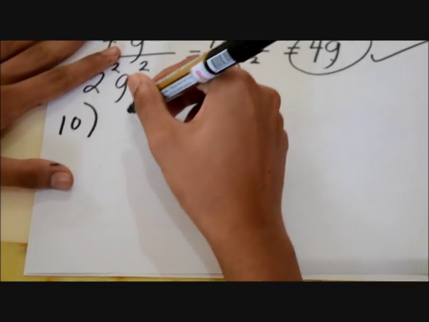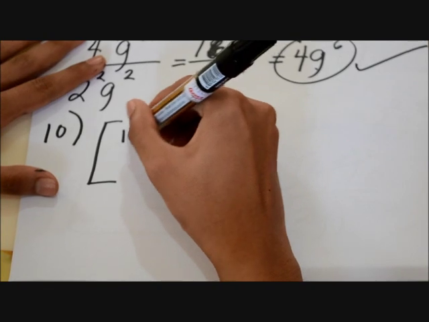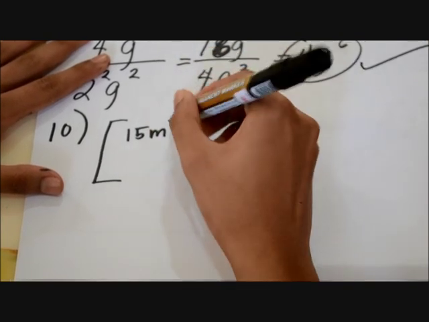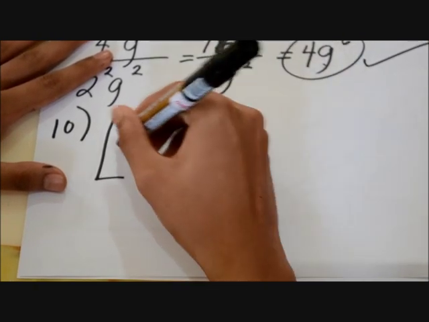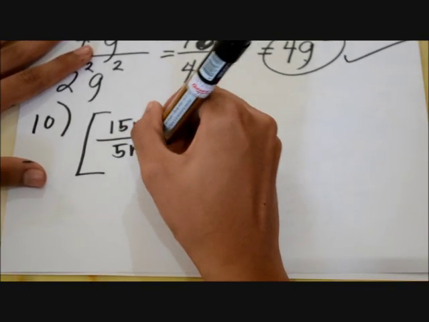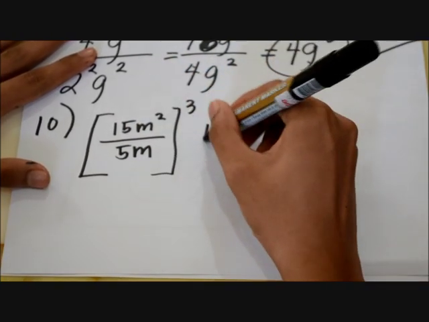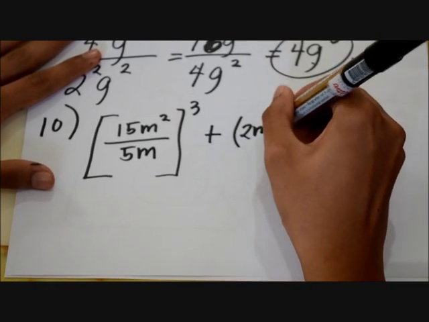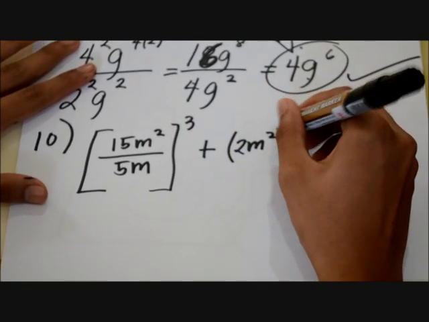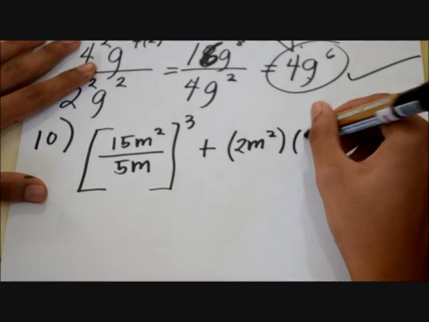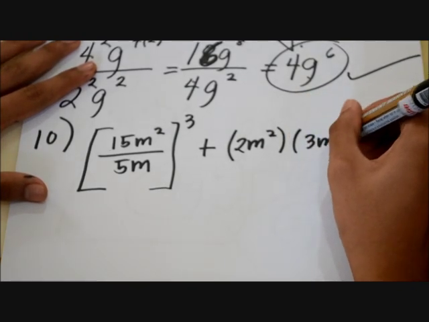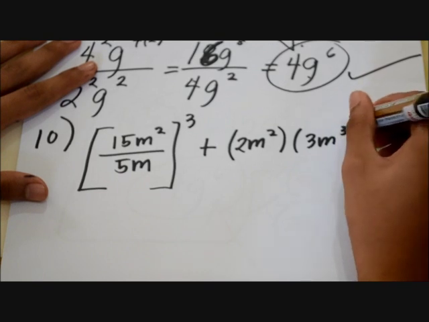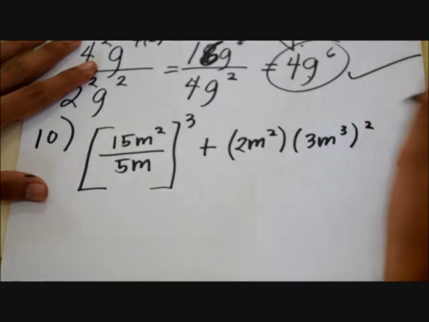Another example, number 10, the quantity of 15 meters squared over 5 meters raised to the power of 3 plus the quantity of 2 meters squared times the quantity of 3 meters cubed, squared.